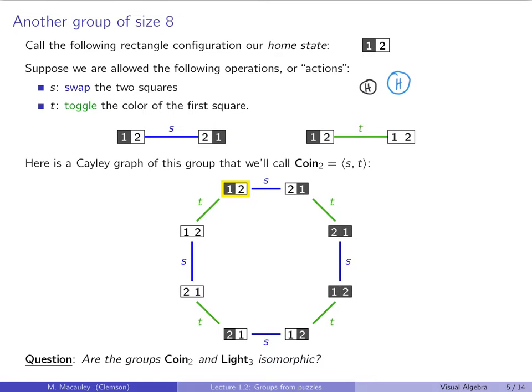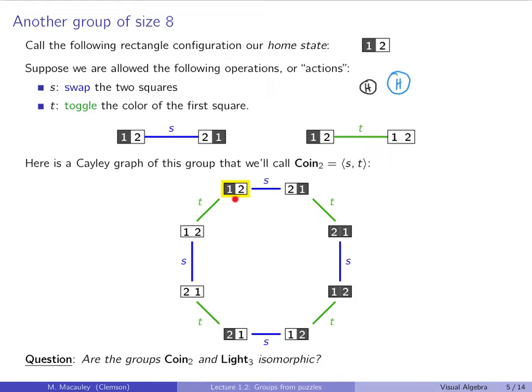The swap operation is what you get by actually swapping the position of these two coins. And the toggle operation is what you get by flipping one of these coins upside down. This is a fun little activity in a classroom: give students a couple of coins and ask how many different configurations they can get, and have them build a Cayley graph. Well, I've built the Cayley graph for you right here.